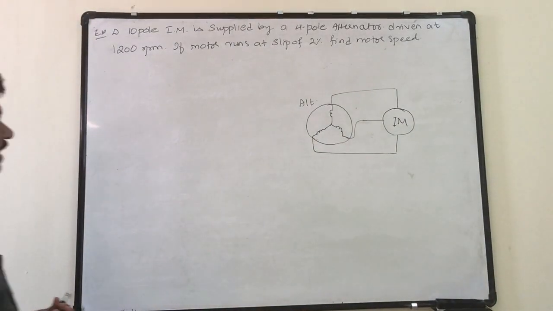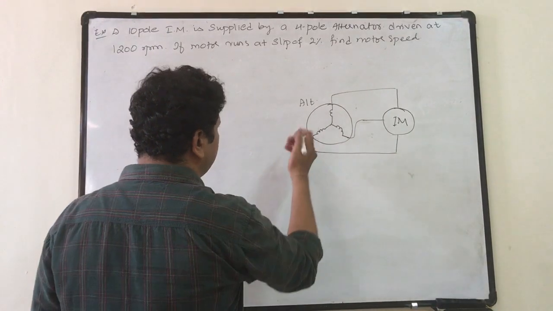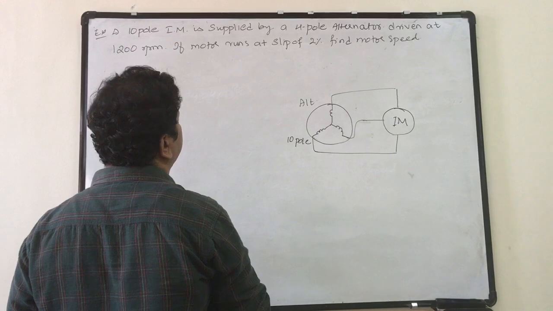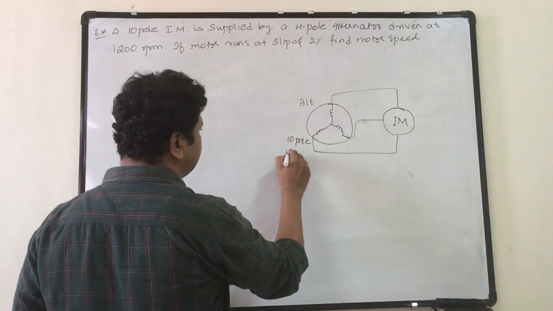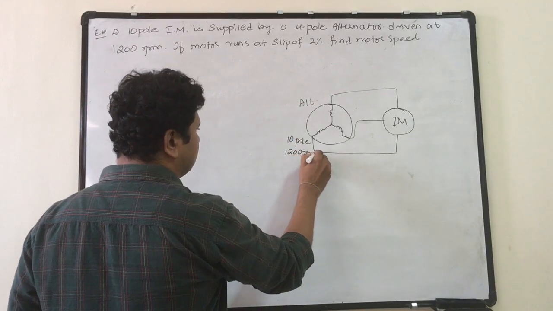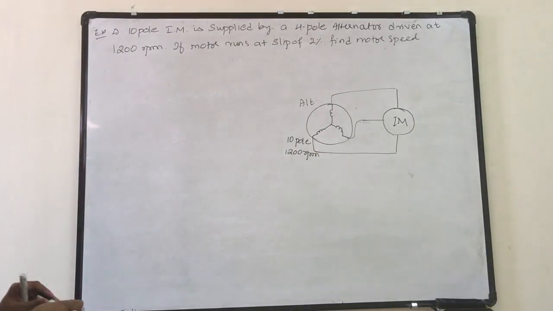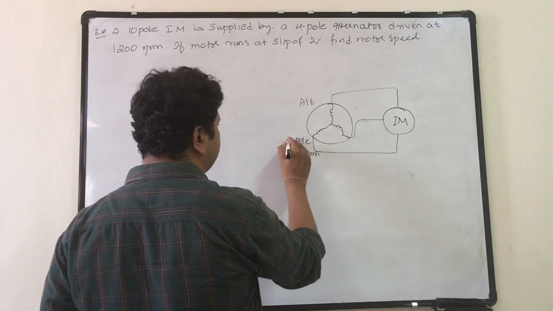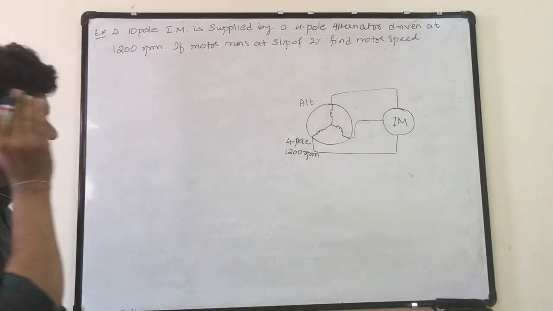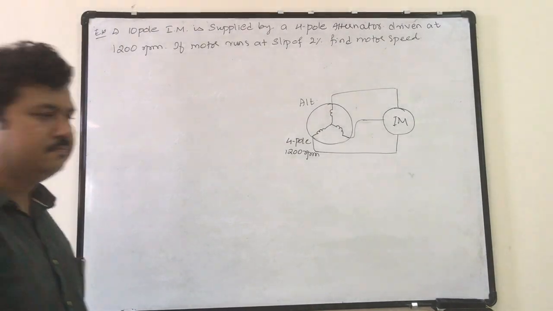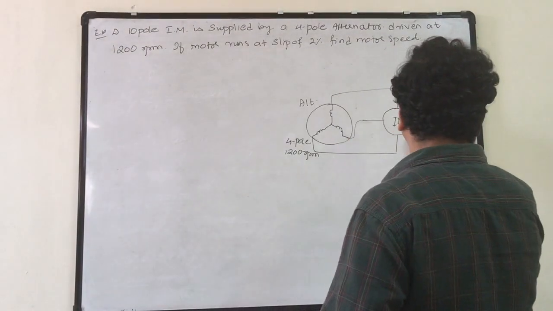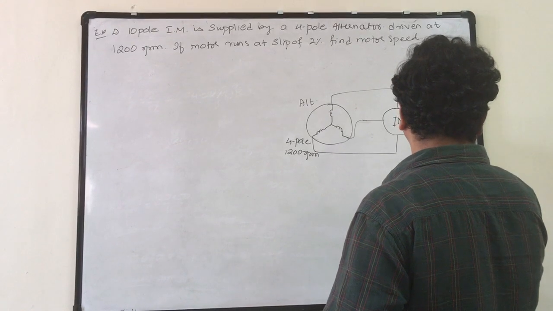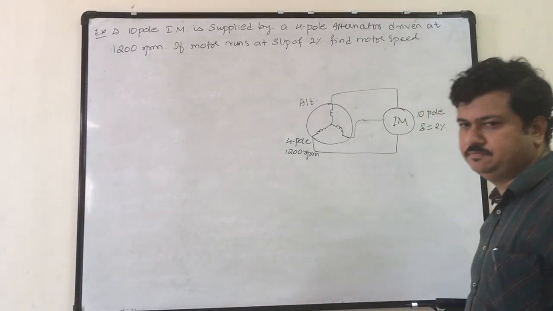This is a 4-pole alternator, not 10-pole, running at 1200 rpm. This induction motor is of 10-pole running at a slip of 2%.